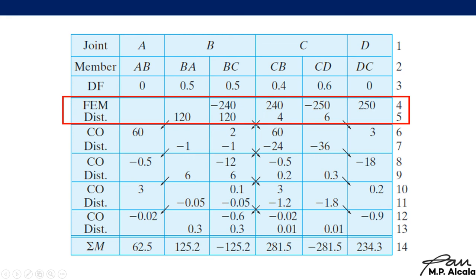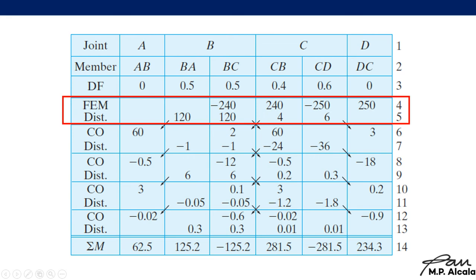So you should balance the following. Again, in order for you to sum this one to be equal to 0, that will give us negative 240 plus 0 divided by 2. Alright, that will give us 120 for each one.